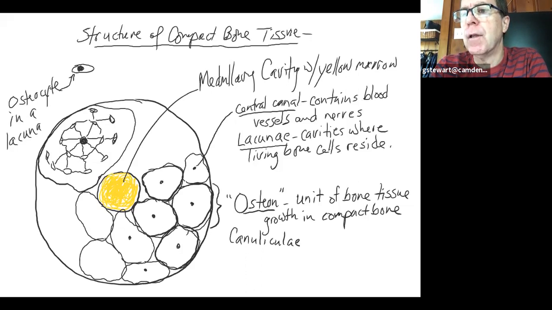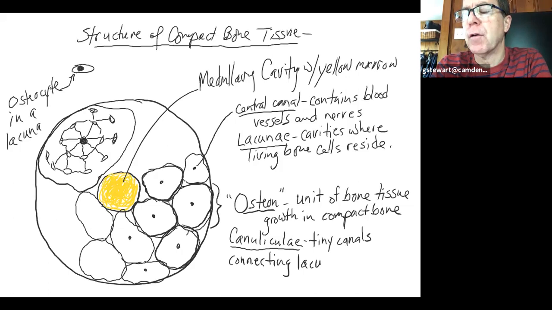Canaliculi, A-E just means more than one. These are tiny canals connecting lacunae, one little cavity or pocket to another.